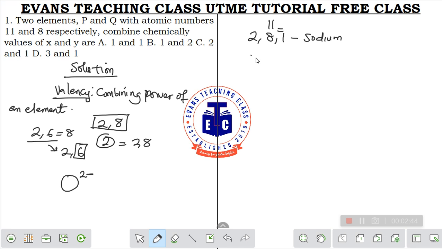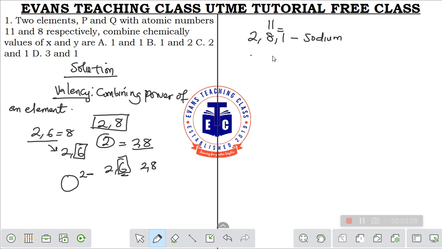Let me ask you a question. Oxygen is 2,6. Is it easy for oxygen to lose all 6 electrons? It's not easy for oxygen to lose all these 6 electrons. So oxygen will prefer to gain 2 electrons to become 2,8.